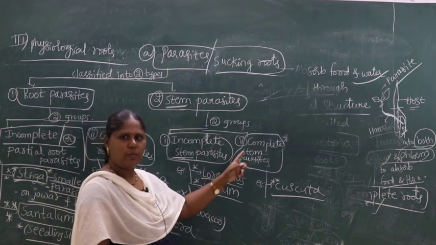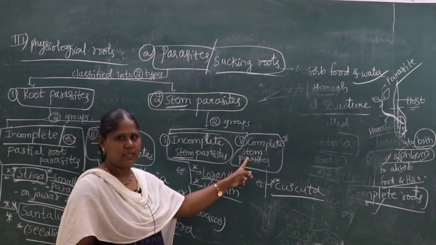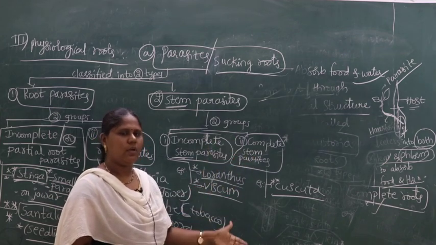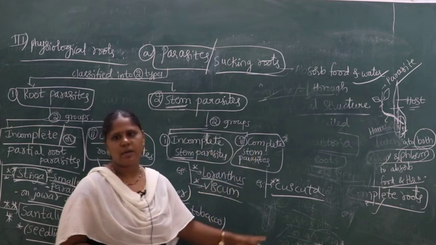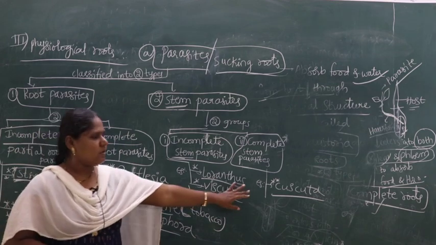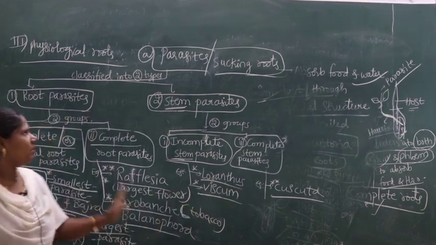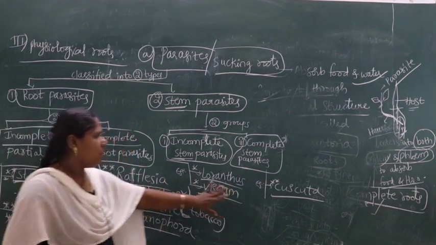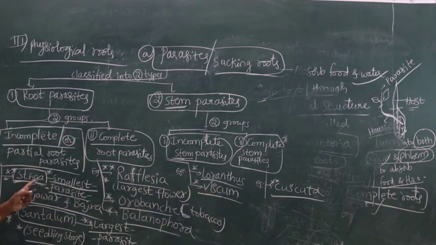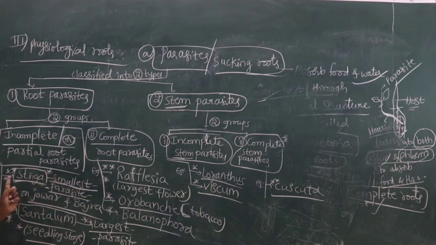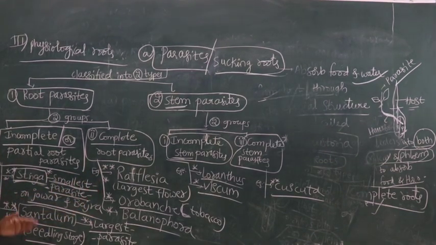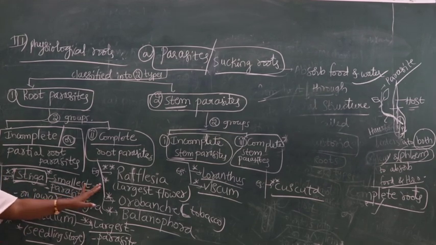Then complete stem parasites: complete means they depend on both xylem and phloem for food and water. The example is Cuscuta. So these are altogether four categories. These four categories are very important. Important questions are there. Wherever I keep three star marks, make sure that you revise it a number of times, because they are very important questions.